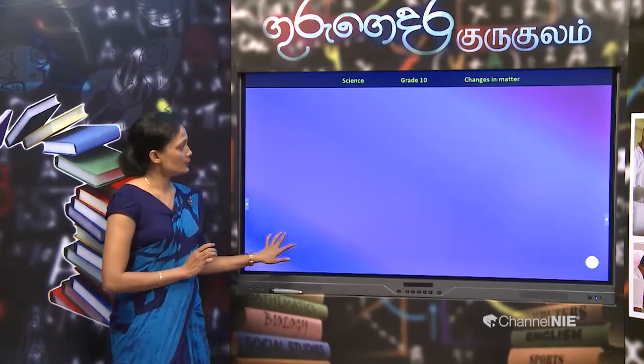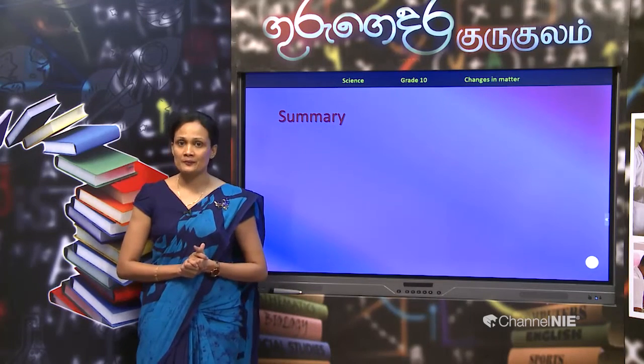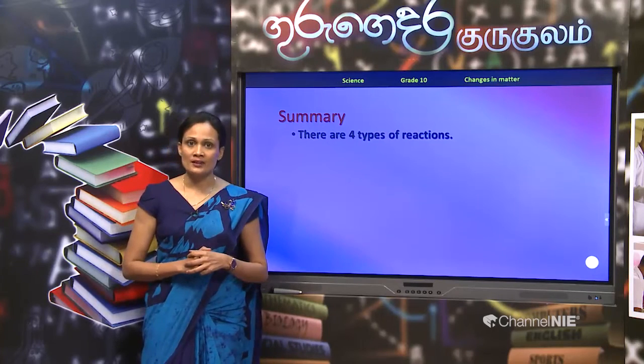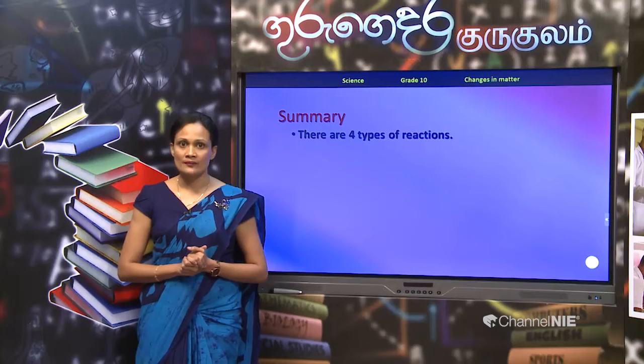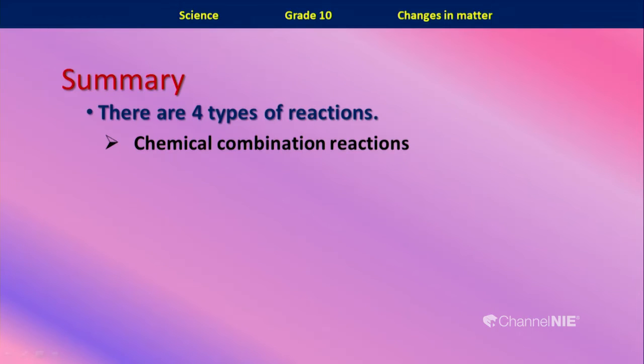So, I am going to summarize the things that we learned today. First, we discussed the different types of chemical changes, such as chemical combination reactions, forming a single product by combining two or more reactants.